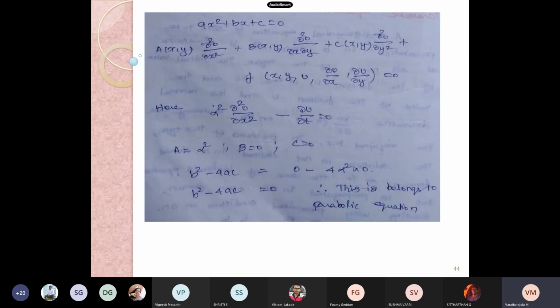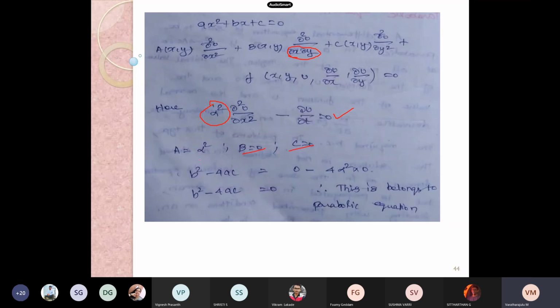And see this, alpha square u_xx minus u_t is equal to 0, to which we can apply b square minus 4ac. We have the a term, that is alpha square. We don't have any dou x dou t term, and we don't have any dou t square term either. So a is equal to alpha square, and there is no b term and no c term.